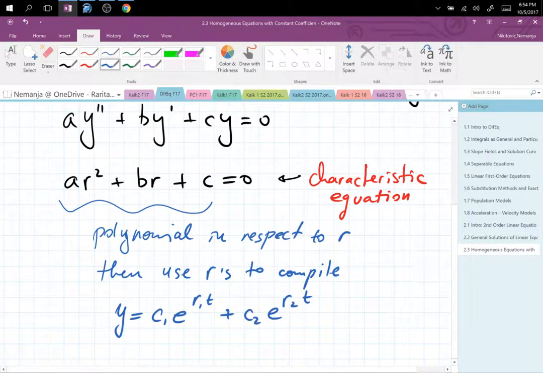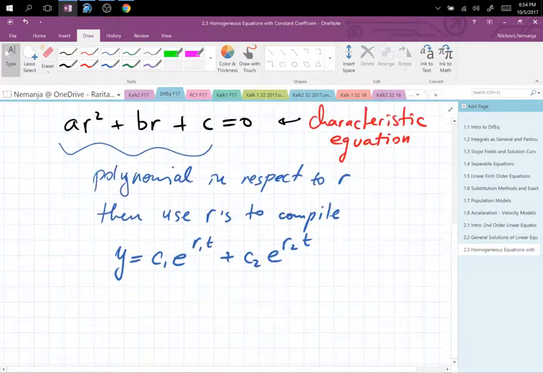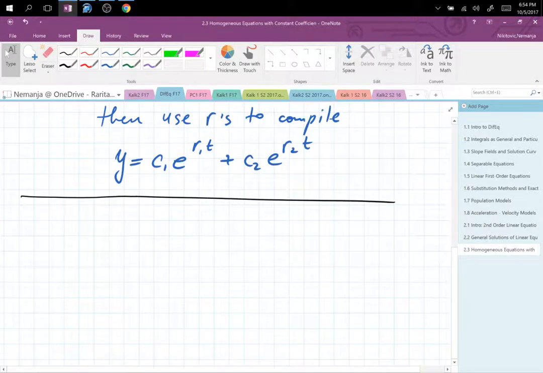And then, if you have other things, we're going to discuss what the other cases are. So I just want to run through one example for all of this to make a little bit more sense.